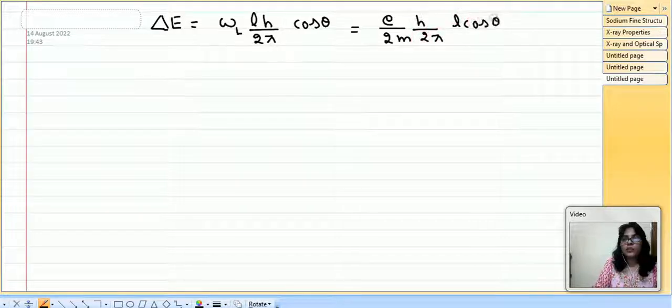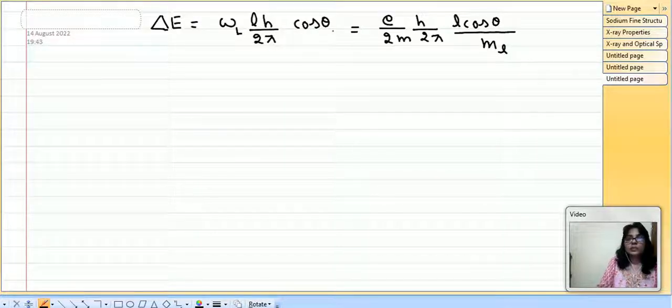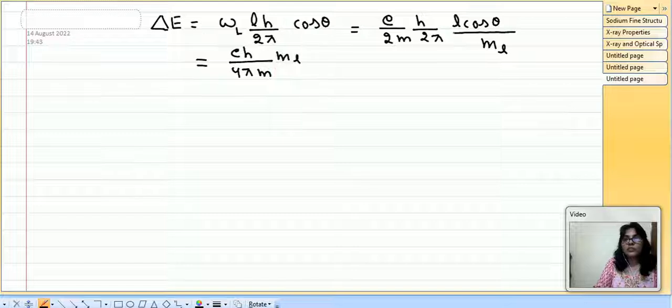So it is E by 2m into h by 2 pi into L cos theta. Now this L cos theta term is like ml, the magnetic orbital angular momentum quantum number. So now we can write this delta E as Eh upon 4 pi m into ml.